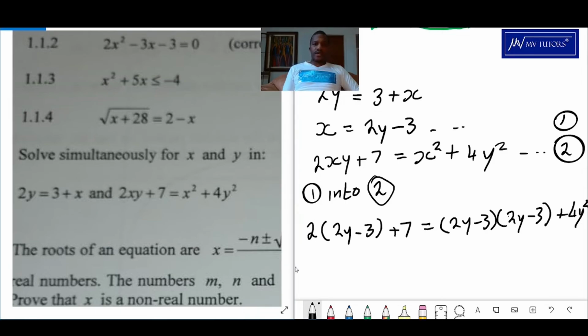Cool. Now let's multiply in. So 2 times 2y, that's gonna be 4y. 2 times minus 3, that's minus 6.